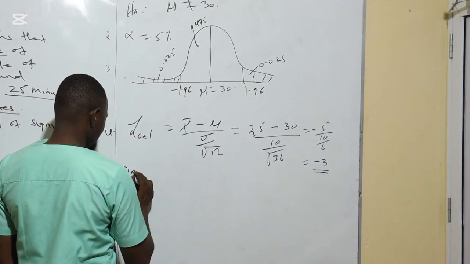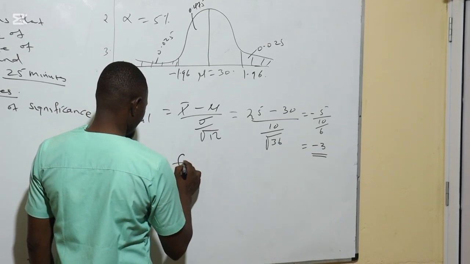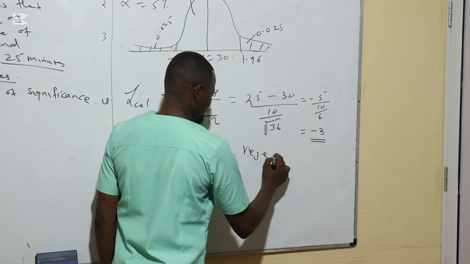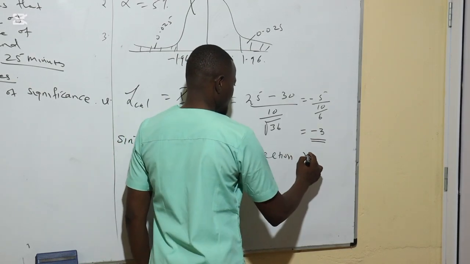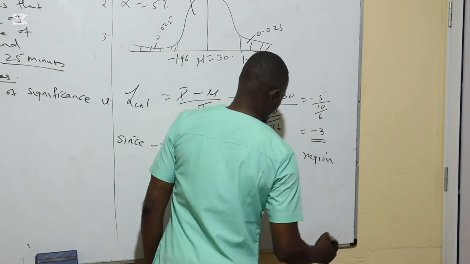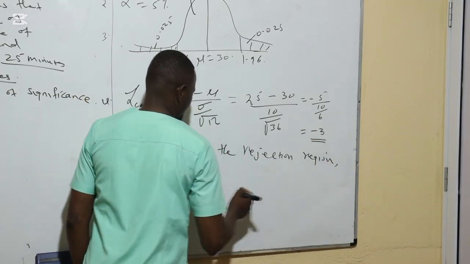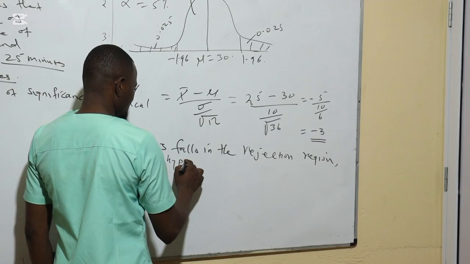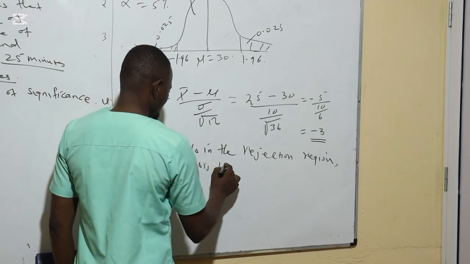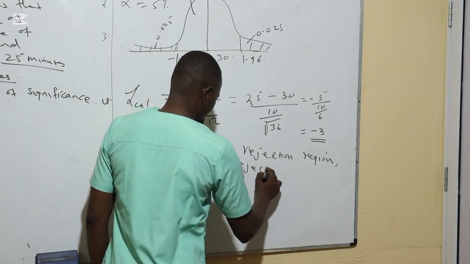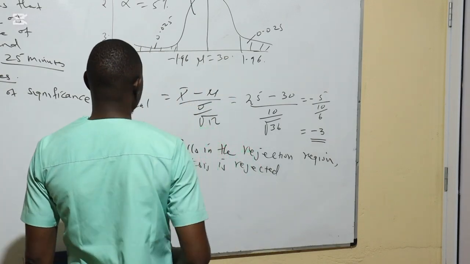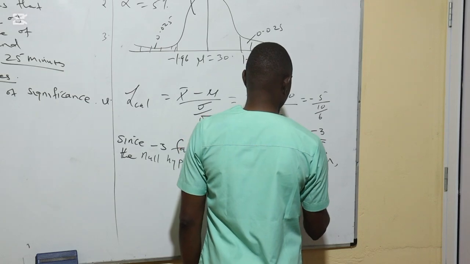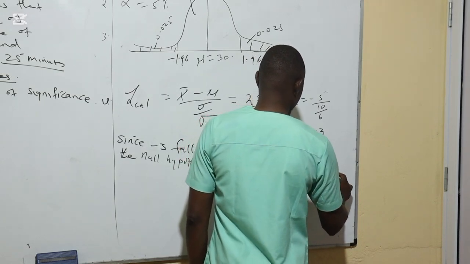So since negative 3 falls in the rejection region, the null hypothesis is rejected at 5% significance level.